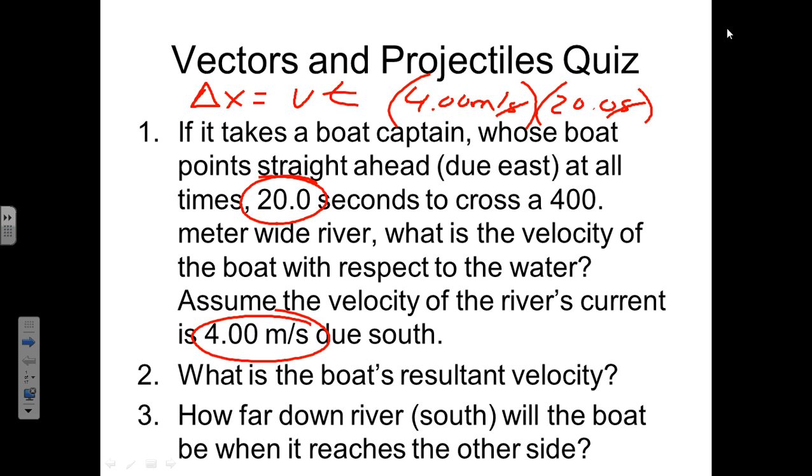So we're at 80 meters down the river. Sound good? You probably should just say 80 meters, put an arrow on there, or down the river, or due south. Any one of those would be okay. But you do need to tack on a direction.